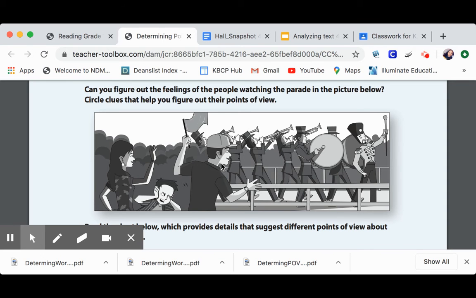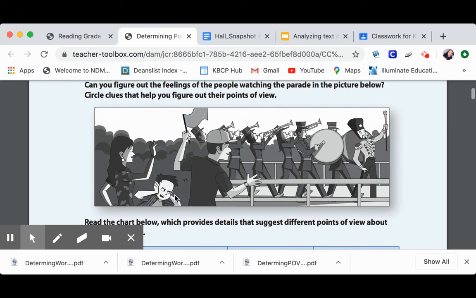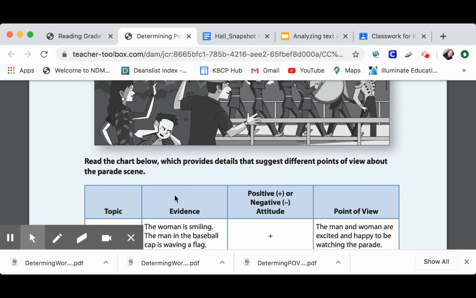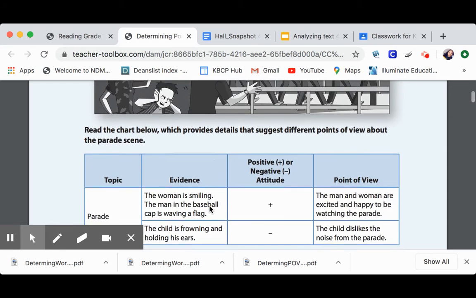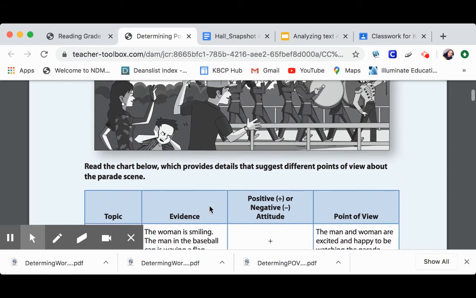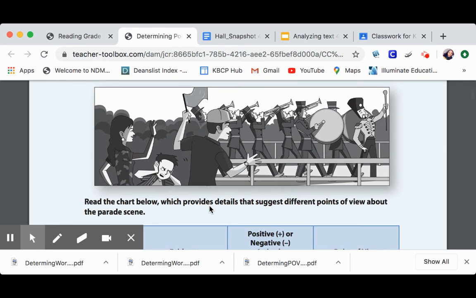So we have a woman, we have a man, we have a child, right? Before even reading the evidence and topic, I just want you, out of your own mind, to see what the different points of view will be before we go into the answers.